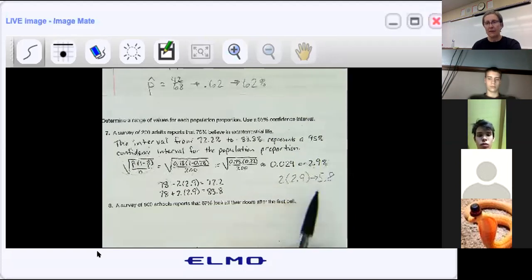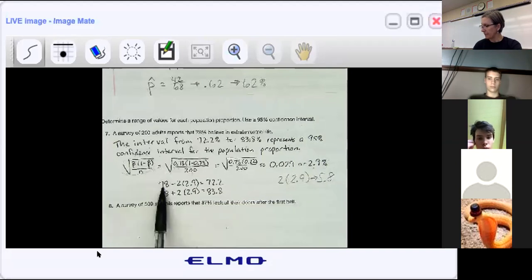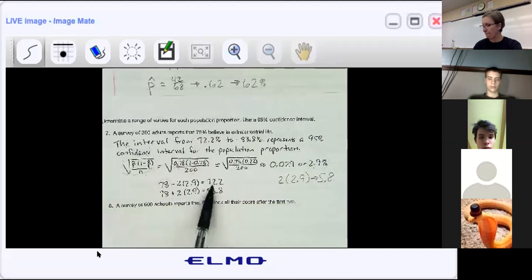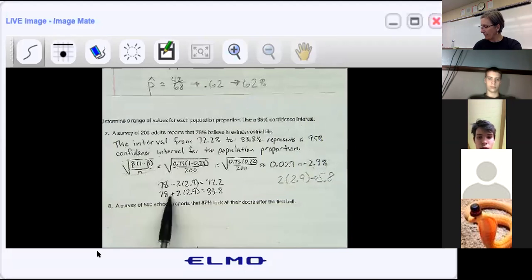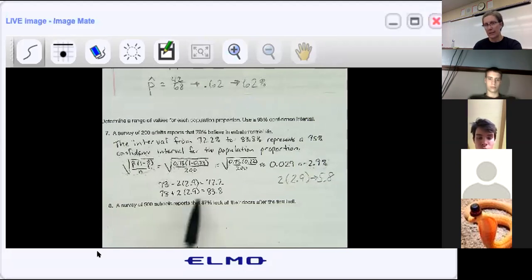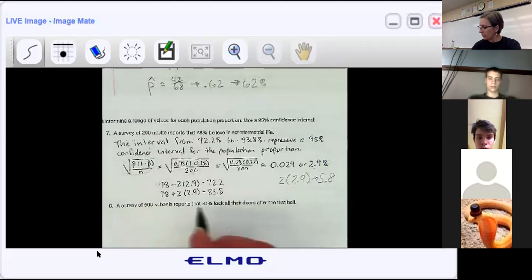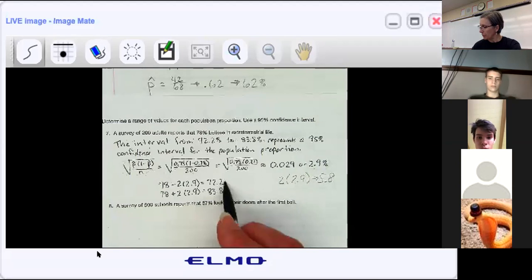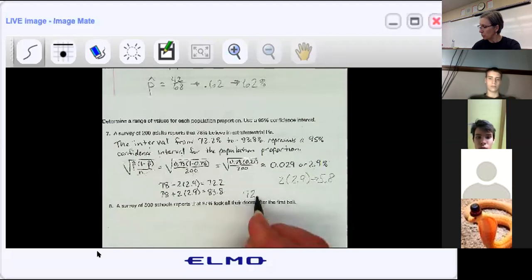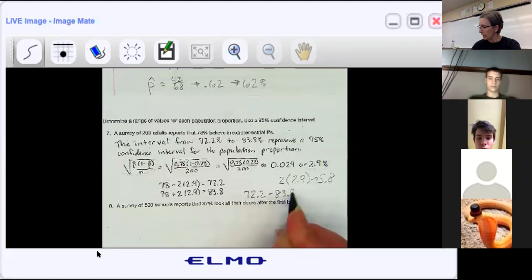And then I'm going to take that 5.8 and subtract it from 78, and that gives me the 72.2. And I'm going to then add that 5.8 to the 78, and that gives me the 83.8. And so that means that my confidence interval goes from 72.2 to 83.8. So that is my 95% confidence interval.